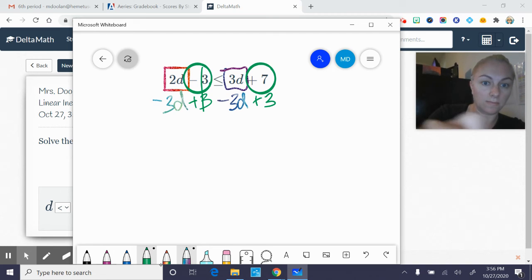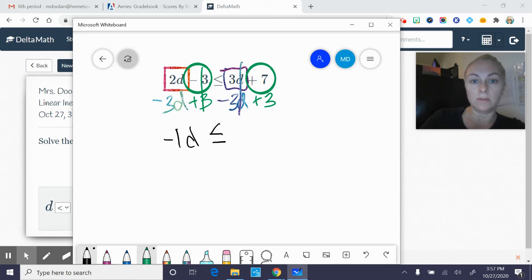Subtract 3D. Those cancel. Now I can rewrite my inequality. 2D take away 3D is -1D, is less than or equal to, I'm just bringing my symbol straight down, and 7 plus 3 is 10.